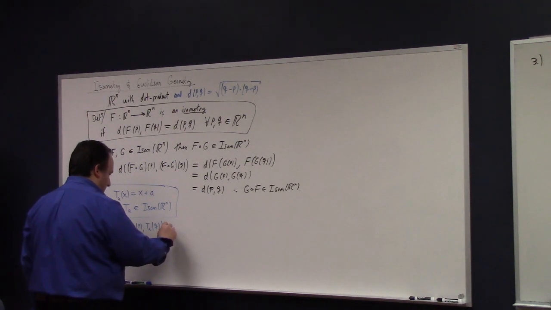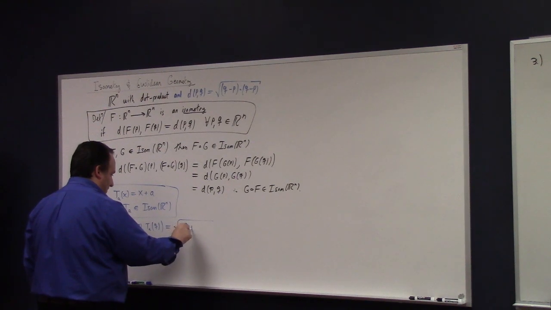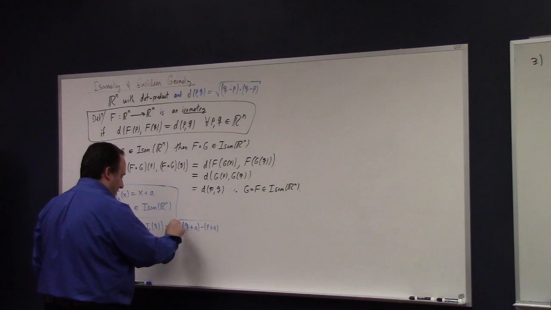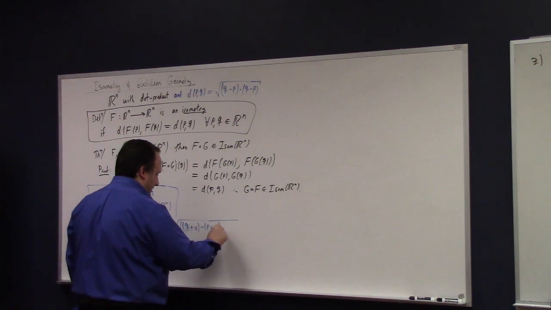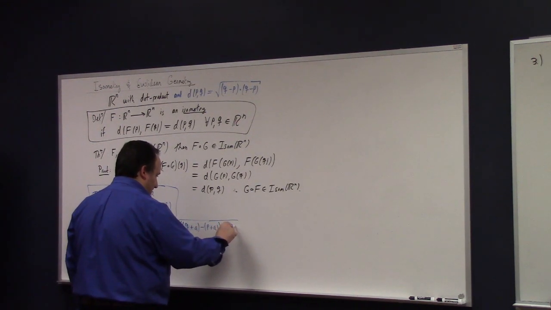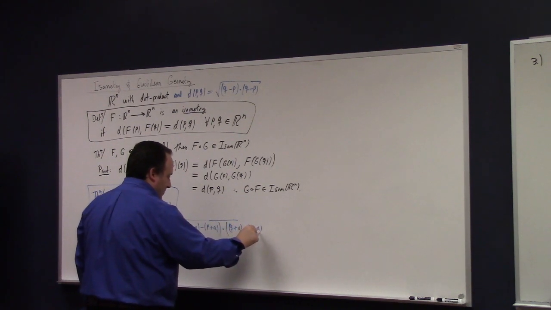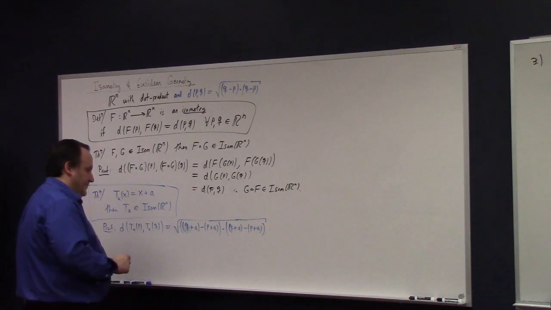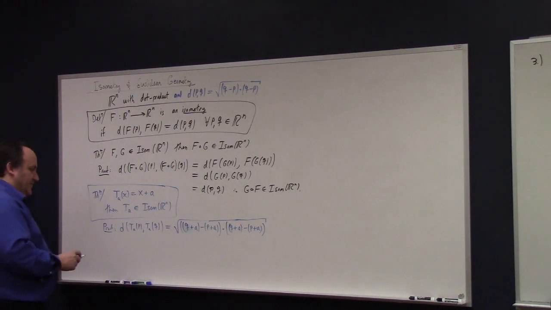So this is what? Square root of q plus a minus p plus a, dot product with itself, right? Maybe I should introduce the norm notation, yeah? That would have been nicer, right?